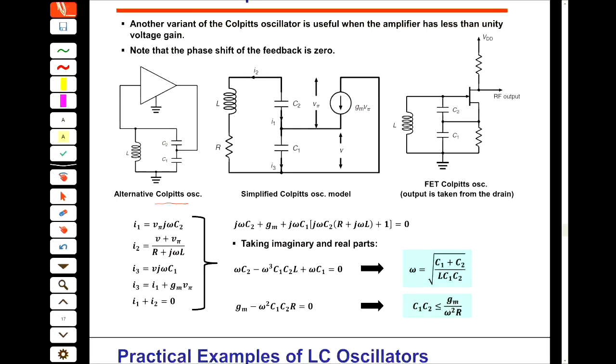To write down the small signal model for this, again, this is your transistor, and then here is your V pi. I mean, from here to here is your V pi.